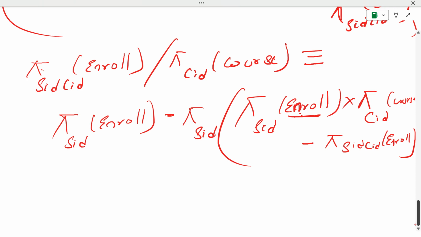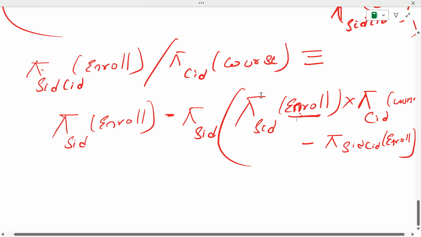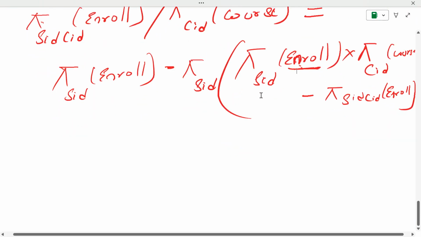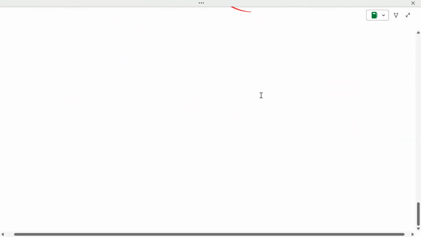So this gives us the division expansion, and we can further simplify it.